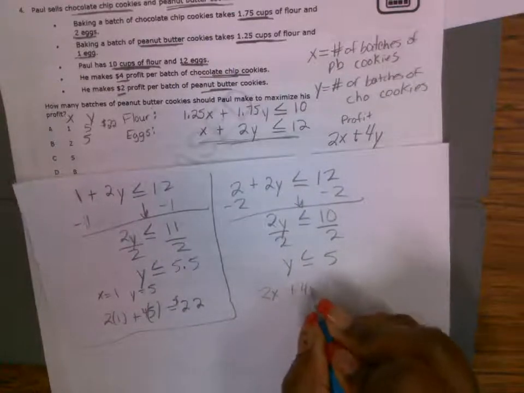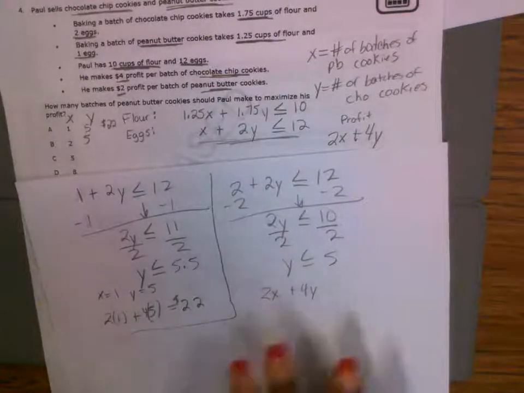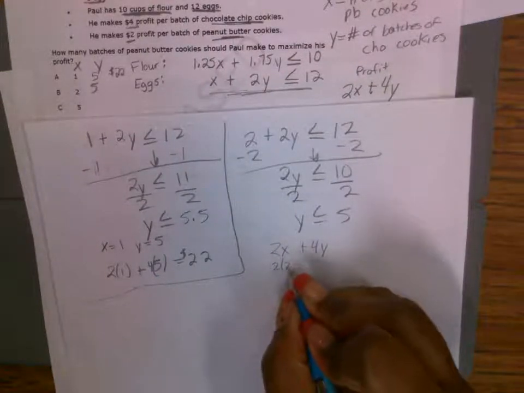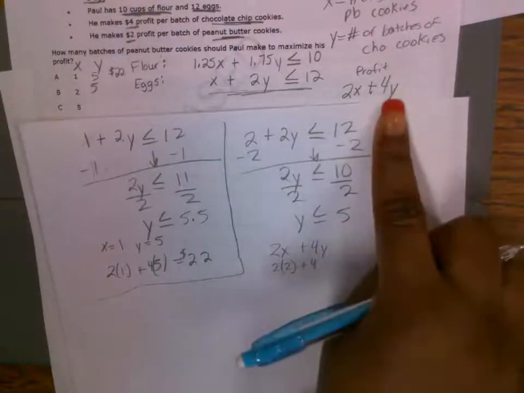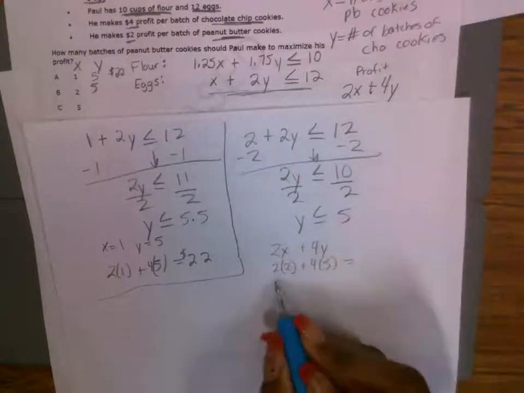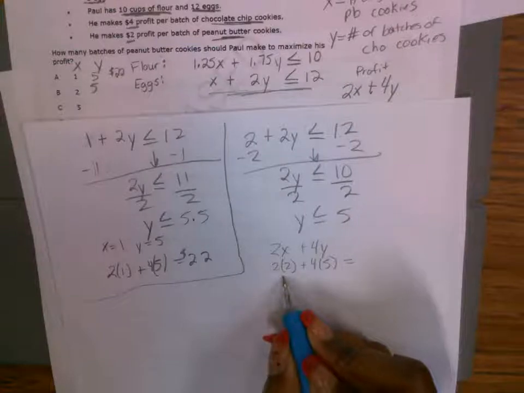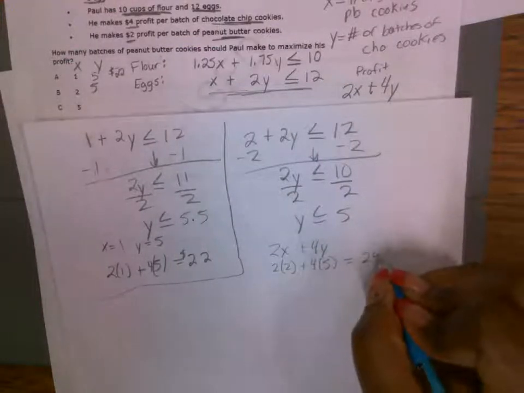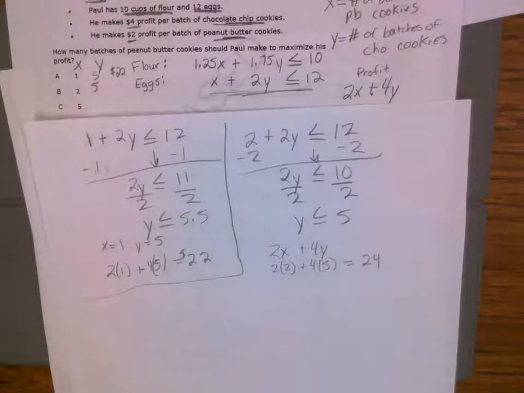2x plus 4y. I'm going to substitute my x value, which is 2. So this is 2 times 2. My y value is 5. So my profit here is 4, and this is 20, so this is going to be 24. And that is not right. Hold on.